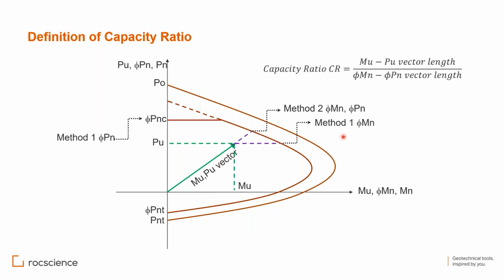So we have the unfactored interaction diagram and we have the factored interaction diagram. Of course, the factored one does not continue parallel after the cap. There's a cap, which is the maximum compression that the section can hold, the factored compression. And this has two values, in fact, one for spirally tied columns and one for normal tied columns.